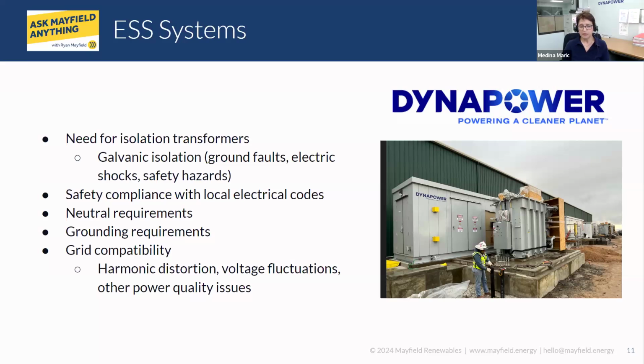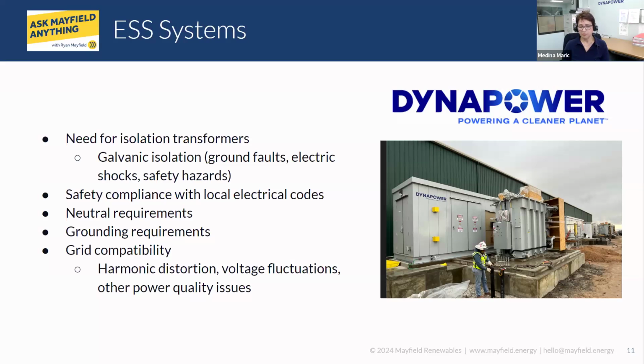For safety compliance, in a lot of regions, utilities and the electrical codes will require that galvanic isolation. And in order to establish compliance with standards, it will require the use of isolation transformers.